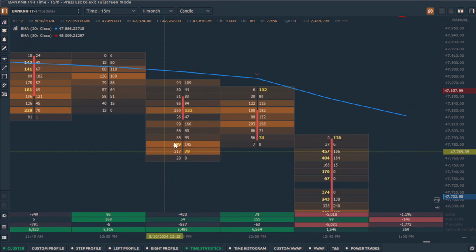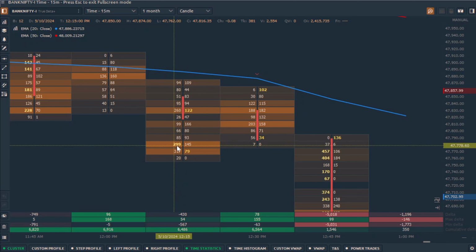For example, you can see some of those numbers are highlighted in yellow, right? What it means is some kind of imbalance has been created between the buyer and the seller. When you look at a market order profile chart or order flow analysis, you should diagonally compare the buy and sell orders, right? As I said, left hand side is sell.